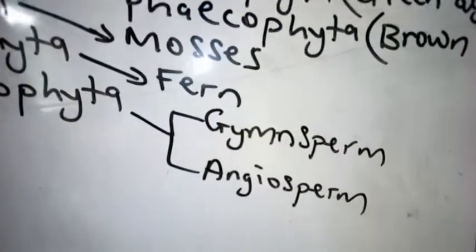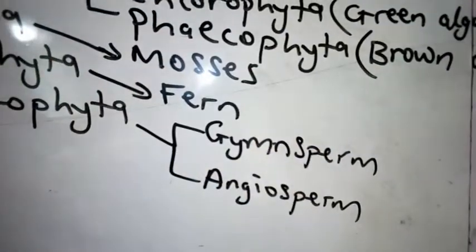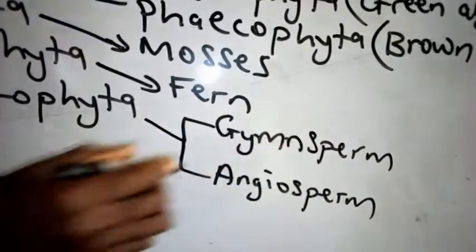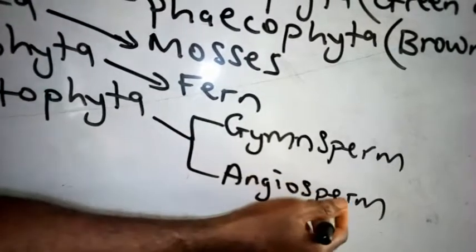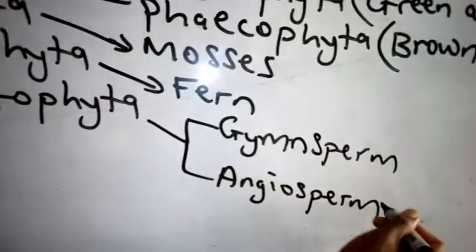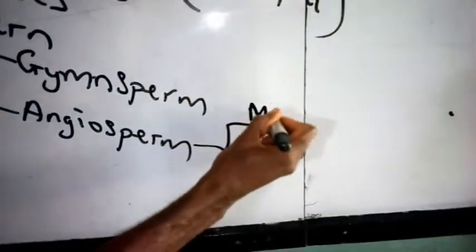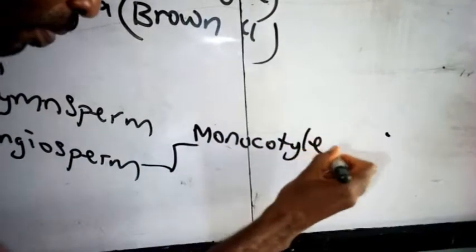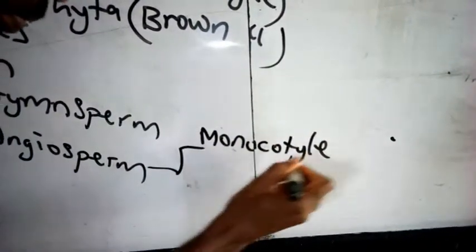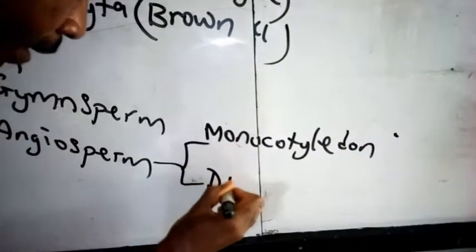The gymnosperms are mostly plants that do not produce flowers, while the angiosperms are flowering plants. Because the angiosperms are flowering plants, they are divided into two: the monocotyledon and the dicotyledon.